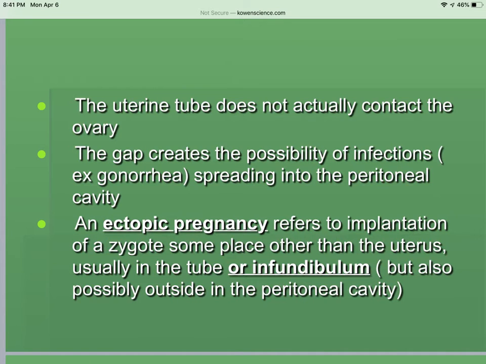Now, this is not a situation that will lead to a successful pregnancy, and so the pregnancy has to be terminated because the developing embryo, one, is not going to have a placenta formed, and two, it could rupture the tubing and cause risk for the mother as well.